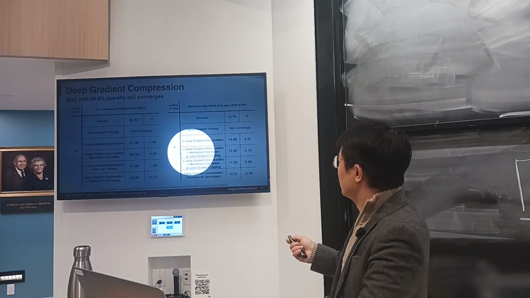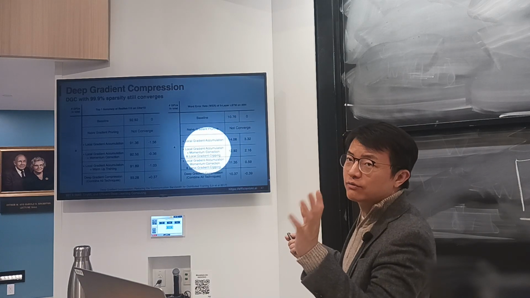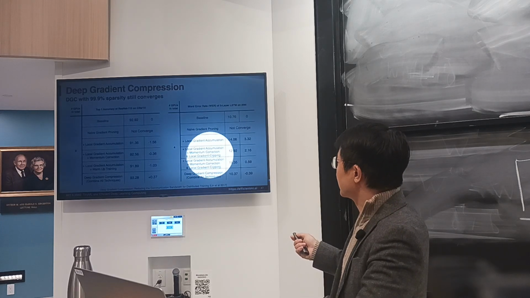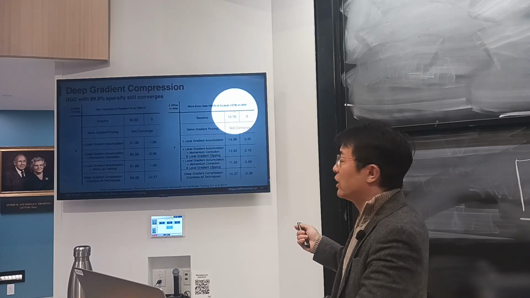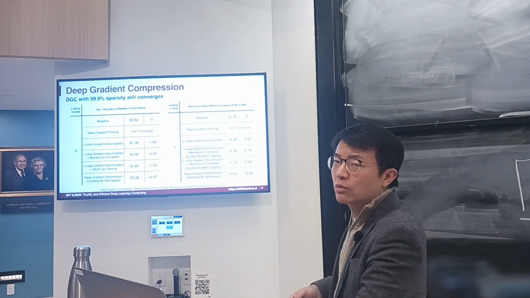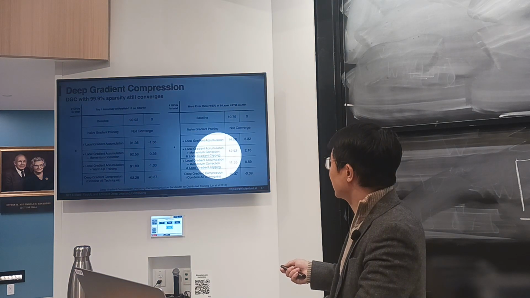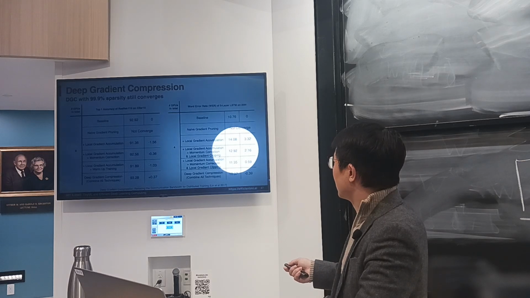If we add the momentum correction to accumulate the velocity rather than the gradient, and also do local gradient clipping, which is quite important for LSTM to prevent the gradient vanishing and gradient explosion problem, it can recover a little bit, around 1%.